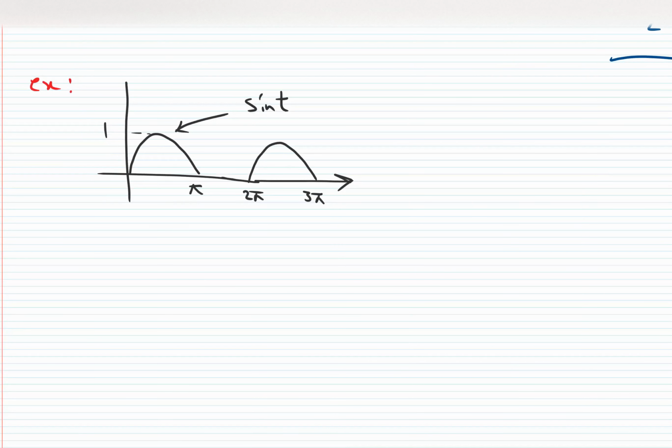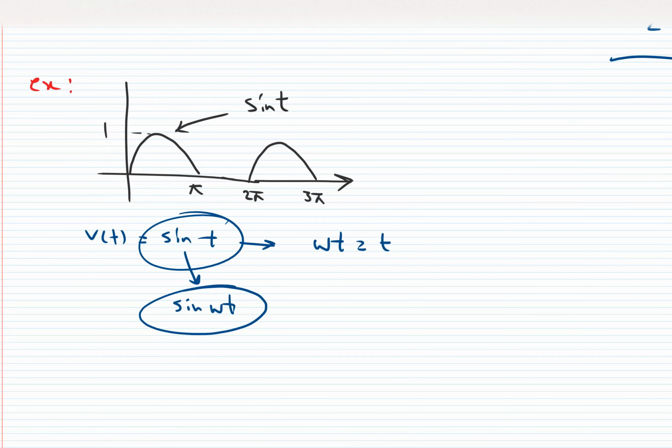We want to find the equation. So v of t is equal to sine of t. Omega t is equal to t, because the general form of the signal is sine of omega t.